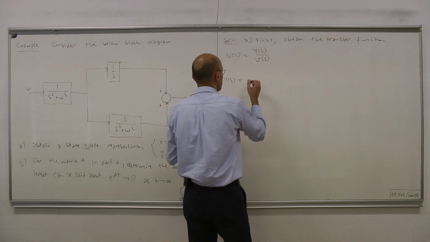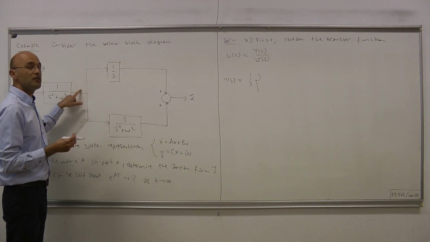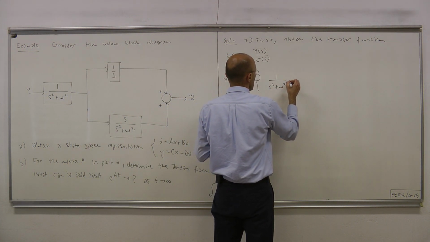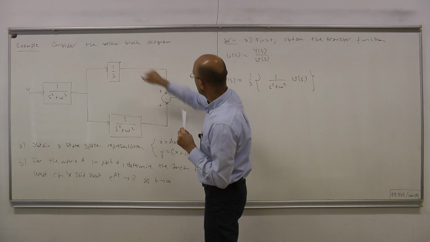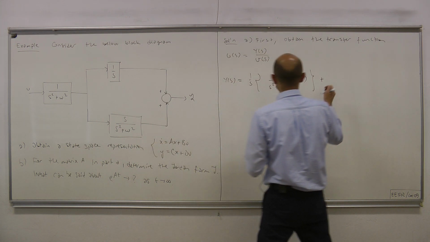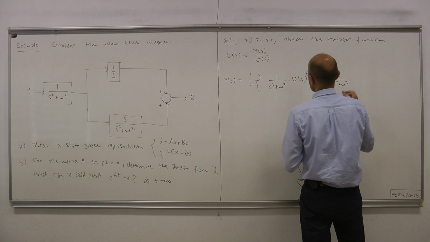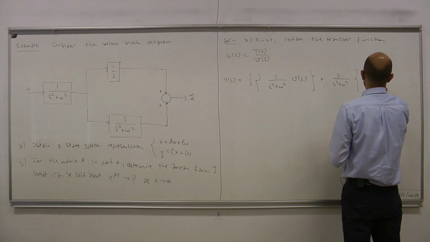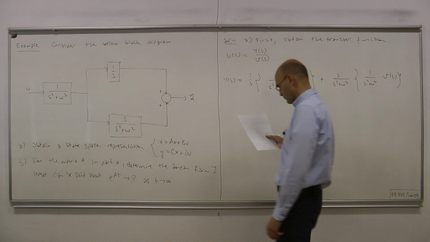Therefore, Y of S equals 1 over S, times the signal here, which is 1 over S squared plus omega squared U of S, plus this signal here, which is S over S squared plus omega squared times the same thing, 1 over S squared plus omega squared times the input.